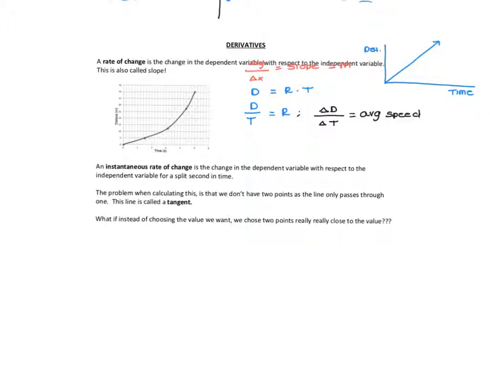But if we're in a car, are we always going to drive the same speed every time? No. What we really have in real life is maybe something that looks like that, right?